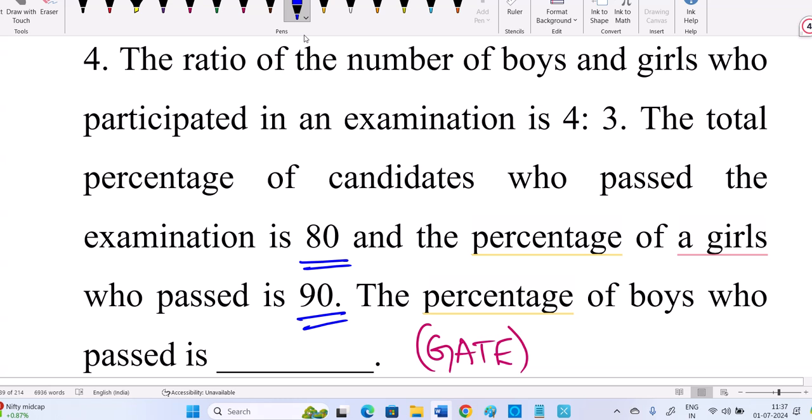Boys and girls attending the exam are in 4:3 ratio, meaning let us say 400 boys and 300 girls are attending the exam. The overall pass percentage is 80. How will we get the total percentage of candidates passed?